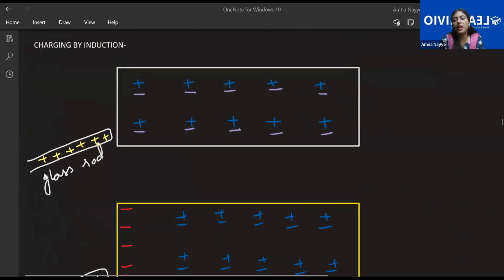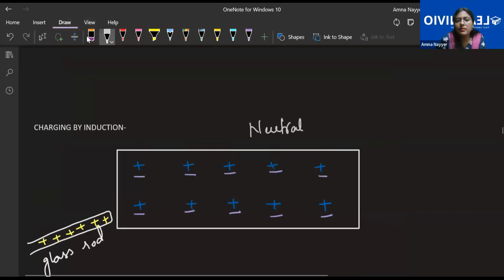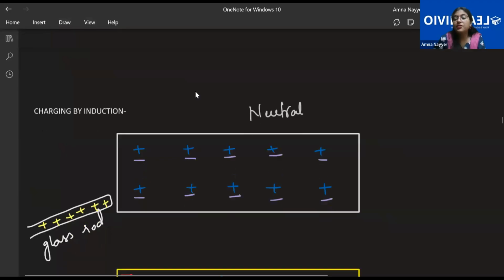So we have to start with charging by induction. For understanding charging by induction, see, there's a neutral body. This body is neutral right now. When I say neutral, it means the amount of positive charges and negative charges are equal in number. Let's say this is a conductor.